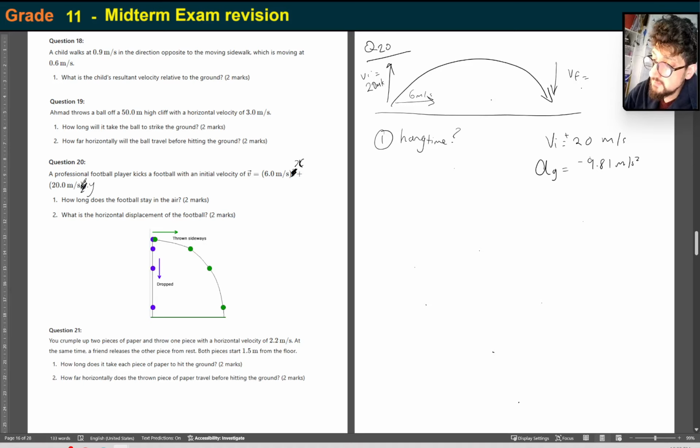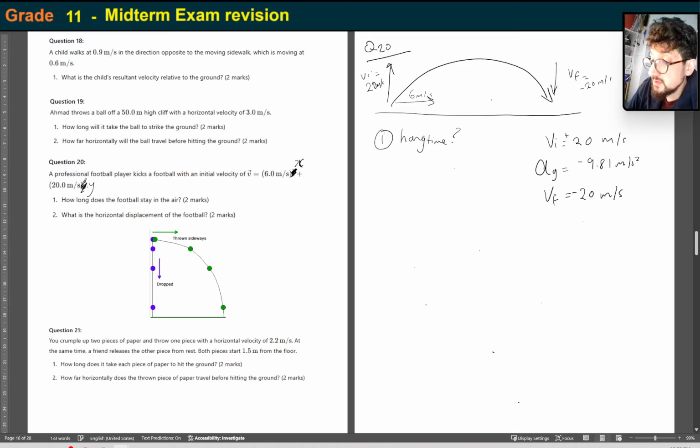So the final velocity is going to be negative 20 meters per second. So I've got 20 meters per second going up, minus 20 meters per second going down. So suddenly I've got the three factors that I need.